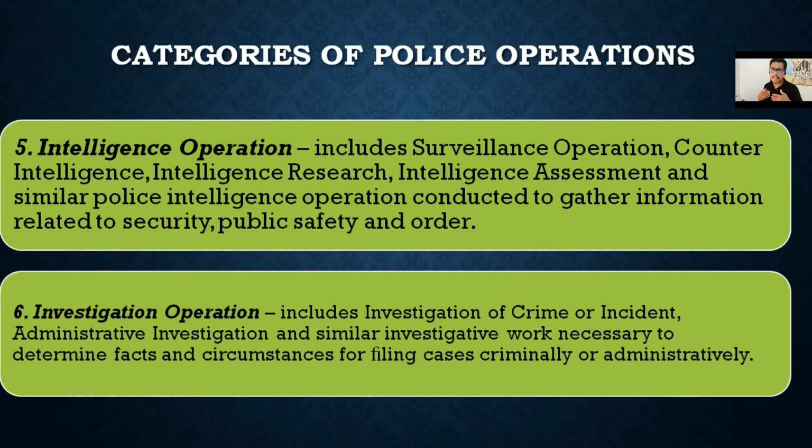How about undercover assignment? If the purpose of the undercover assignment is to gather information to make the community safe, then the undercover assignment shall be part of the fifth category, which is intelligence operation.